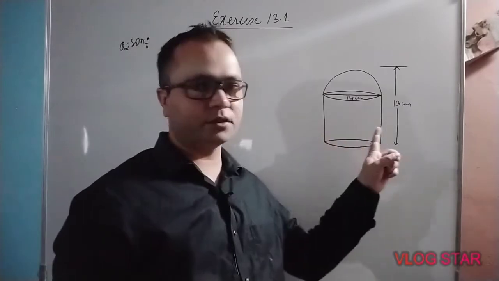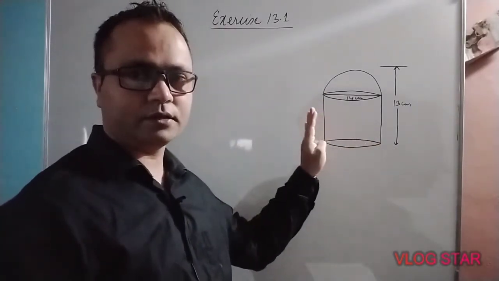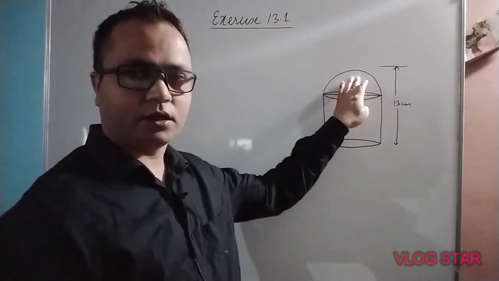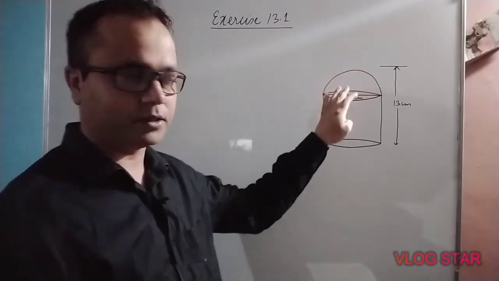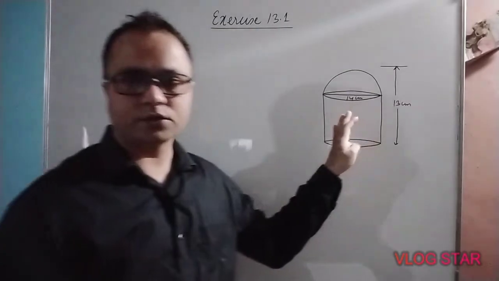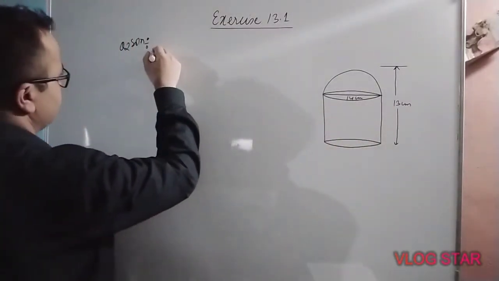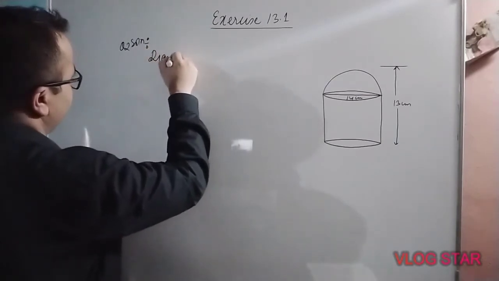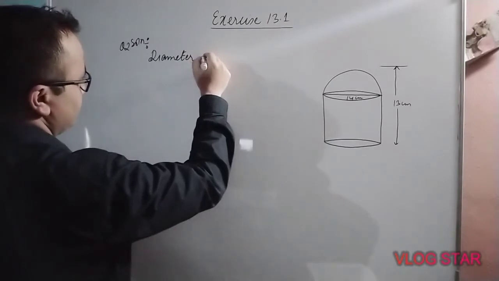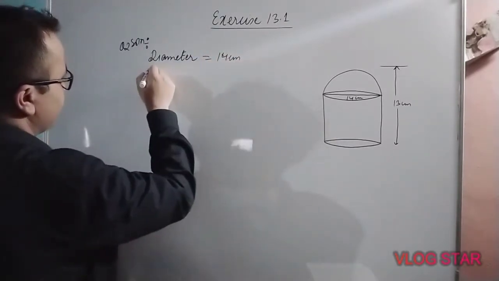Find the inner surface area of the vessel. It is hollow, meaning inside the cylinder there is an empty space, and in the hemisphere there is also empty space. So we need to calculate the inner surface area of the vessel. The diameter of the hemisphere and the cylinder are the same, 14 centimeter.